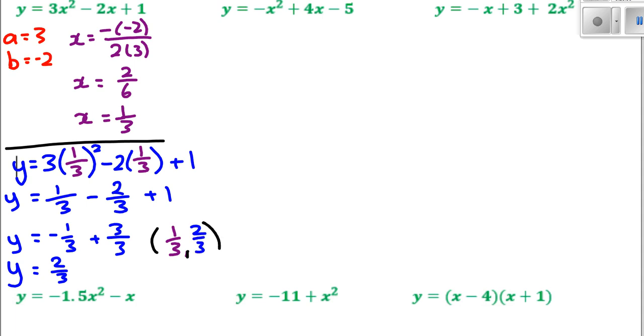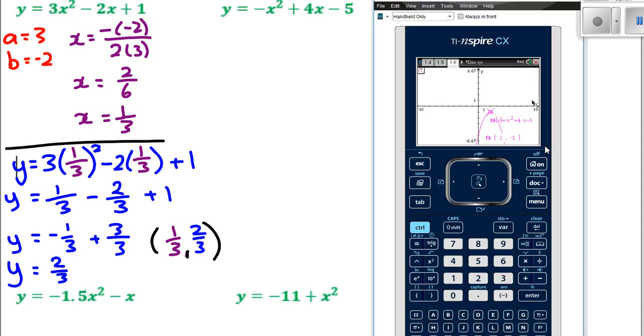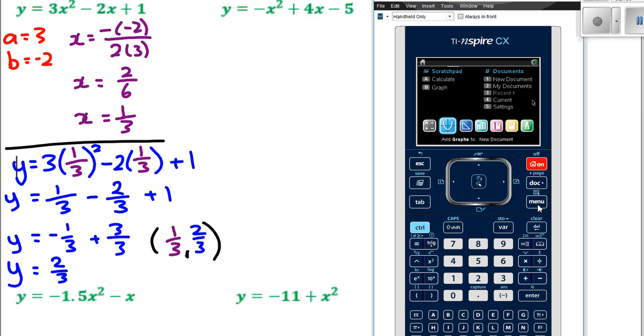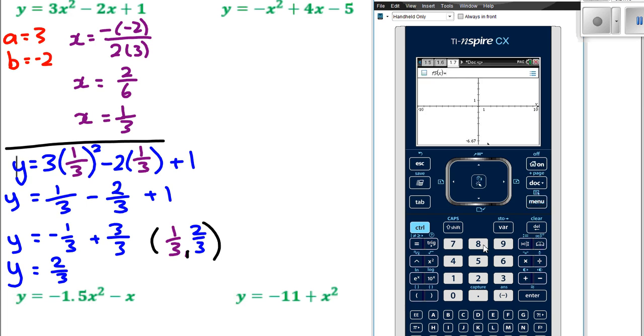Let's check that by graphing. You might want to pause at this point and just do your own ones for a while, because you're probably getting the hang of it. What is this one again? It's 3x squared minus 2x plus 1.